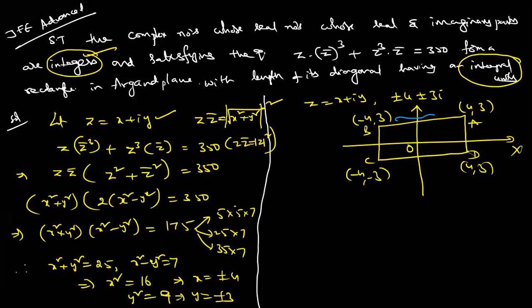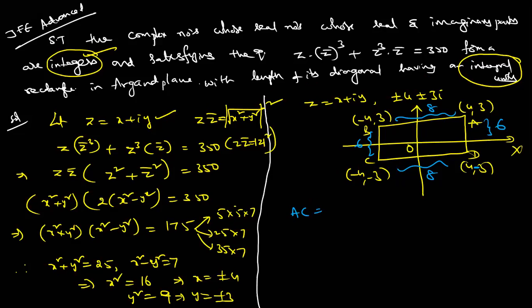So this length is how much? 8. This length is how much? This is 3 minus minus 3, that is 6. This is also 6. So this will form a rectangle. Okay. Now what are they asking? Form a rectangle with the length of its diagonal. Length of its diagonal, how much is coming? AC is how much?